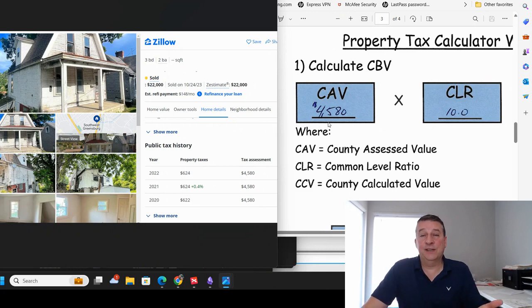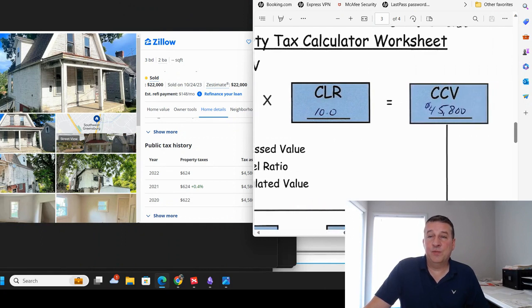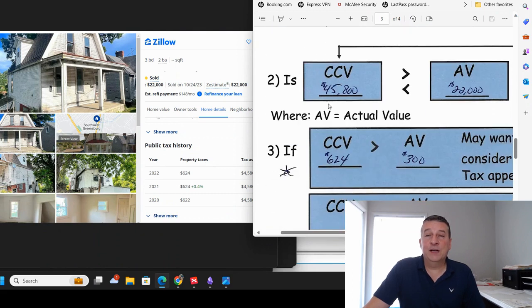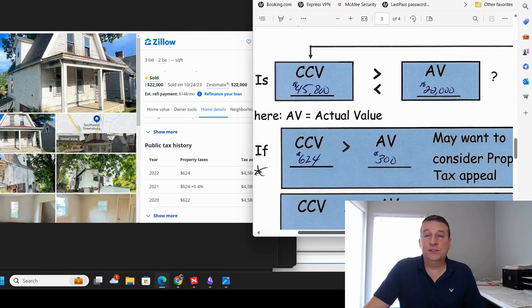But in this particular case, the assessed value is $4,580. The common level ratio, we multiply times 10. The county believes that it's worth about $45,800. And if we come down here, put that into our calculation, we can see that their property taxes, Zillow's showing, it was $624 in 2022.